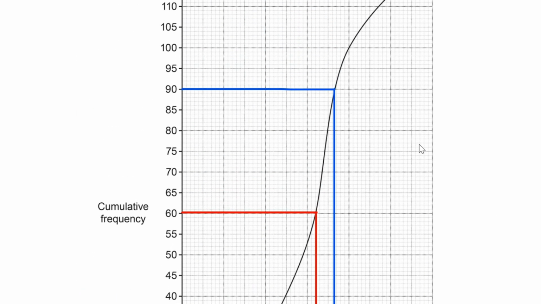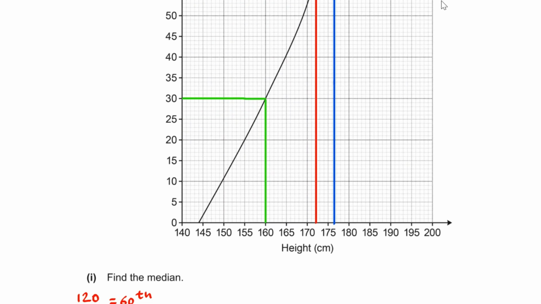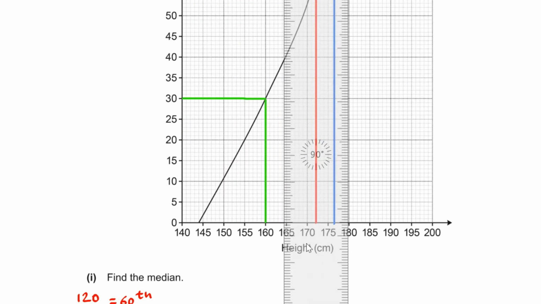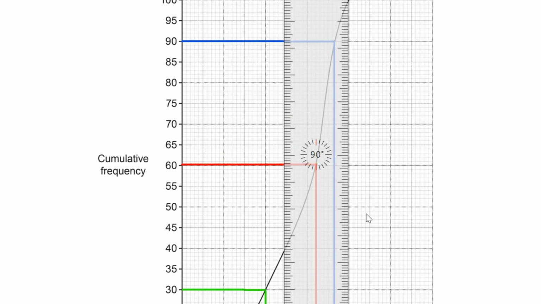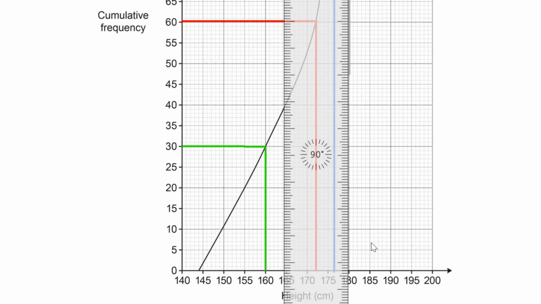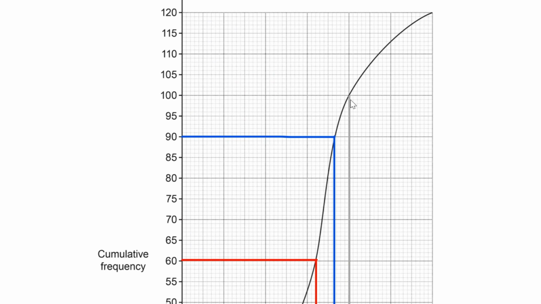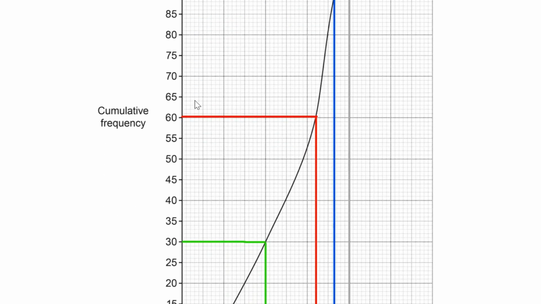So what we do is we go and find the 180, which is over here. And if we draw a line up from 180, as we see here, and then if we draw a line across, that corresponds to a cumulative frequency of 100. So, what does this mean?